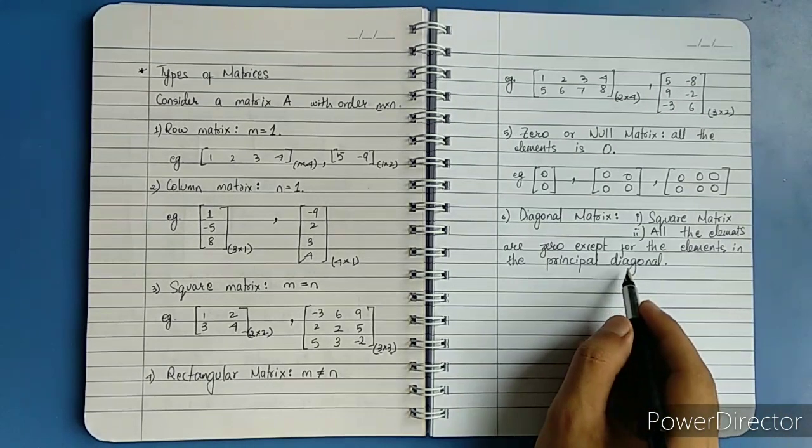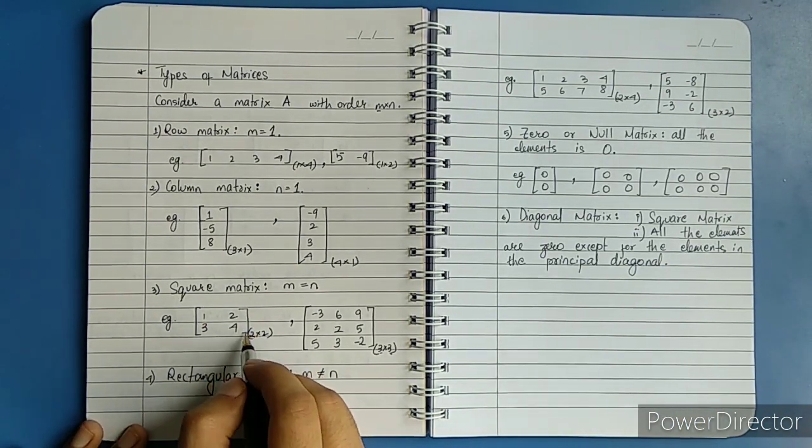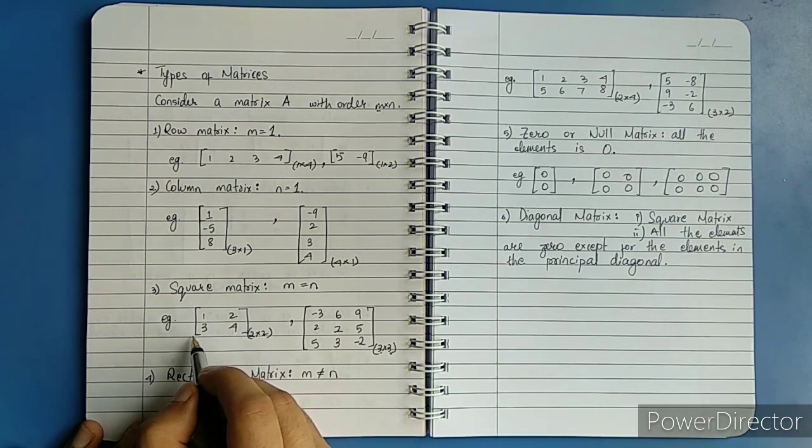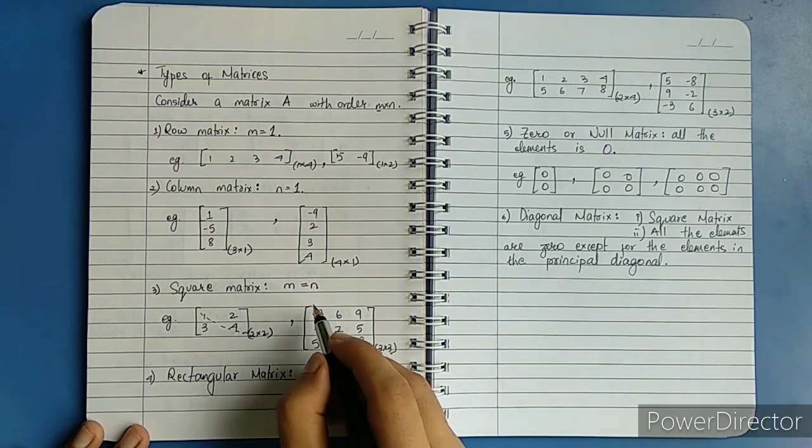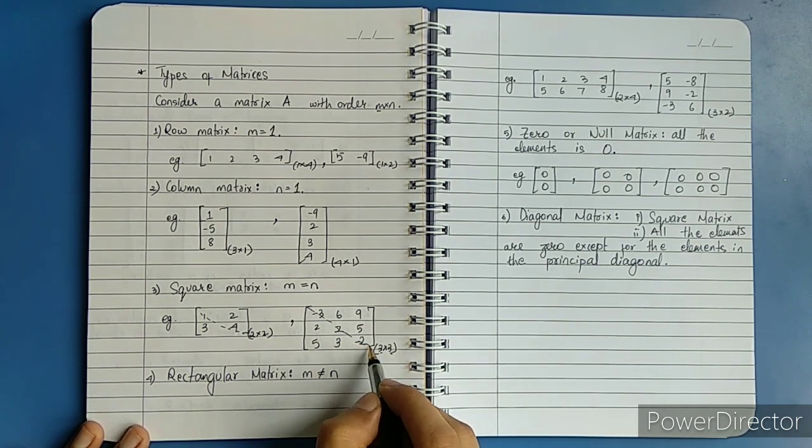So what is the principal diagonal? Here, consider this square matrix. This is one diagonal, this is another diagonal. This diagonal is called the principal diagonal.